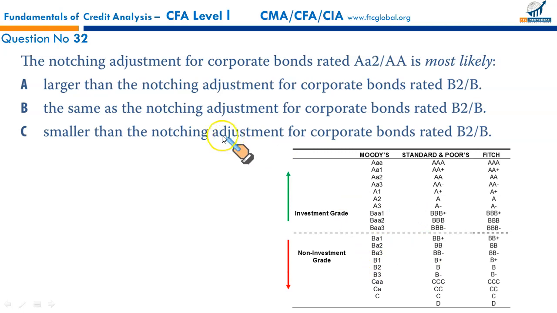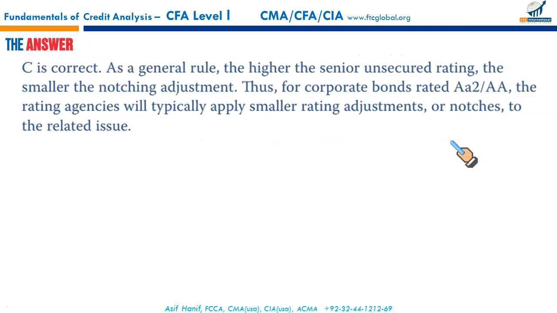So this would mean that the notching adjustment for corporate bonds rated as AA is most likely to be smaller than the notching adjustment of corporate bonds BBB. So that makes C the correct option. C.